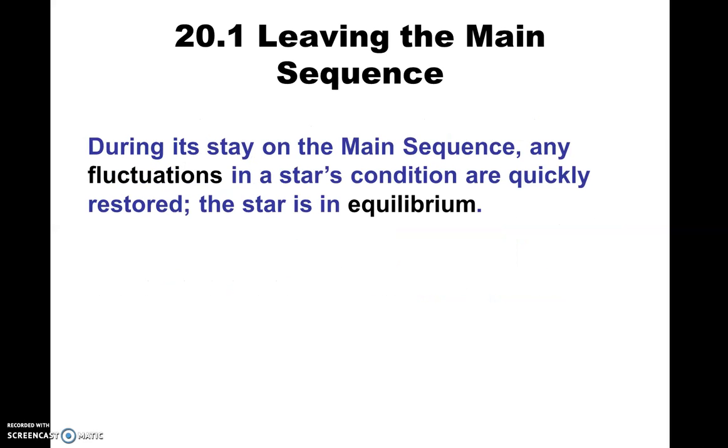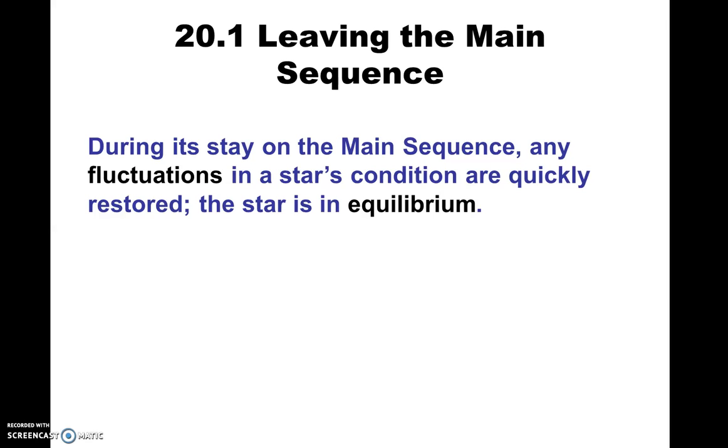All right. So like I mentioned before, any fluctuations during the main sequence, which is called stage 7, get restored, right? The star will return to equilibrium. Let's say you had a massive solar flare or something like that. That's going to affect things in a minor way. The star can easily recover from that.